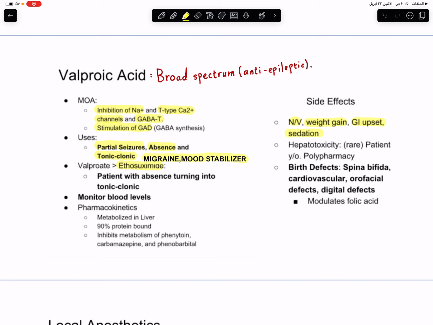Hepatotoxicity, although it is rare, especially in a patient with a history of polypharmacy for years, if the patient is using the drug and other drugs. As I said, sometimes you will see a patient taking 4 different drugs for epilepsy.